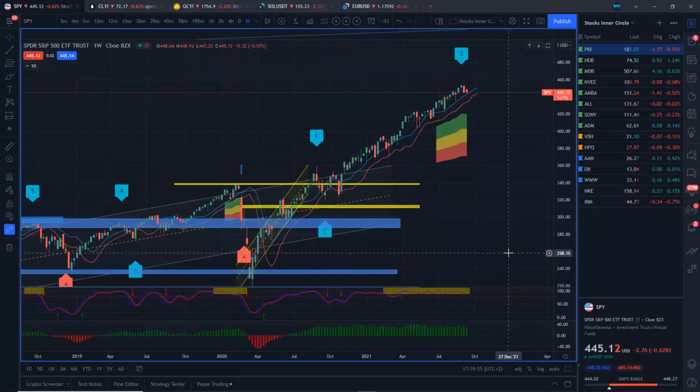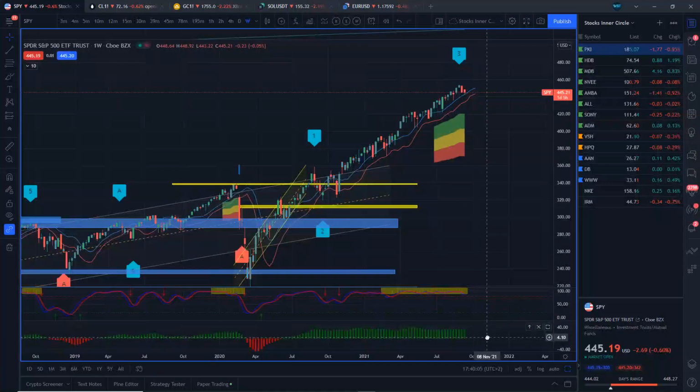So right now you can see we're printing a wave 3 on SPY. We've got a very strong false breakout stochastic here. The oscillator's pretty much flat, so you can see that strong move up on the weekly time frame with SPY, and we are waiting for a pullback if we want to trade SPY.